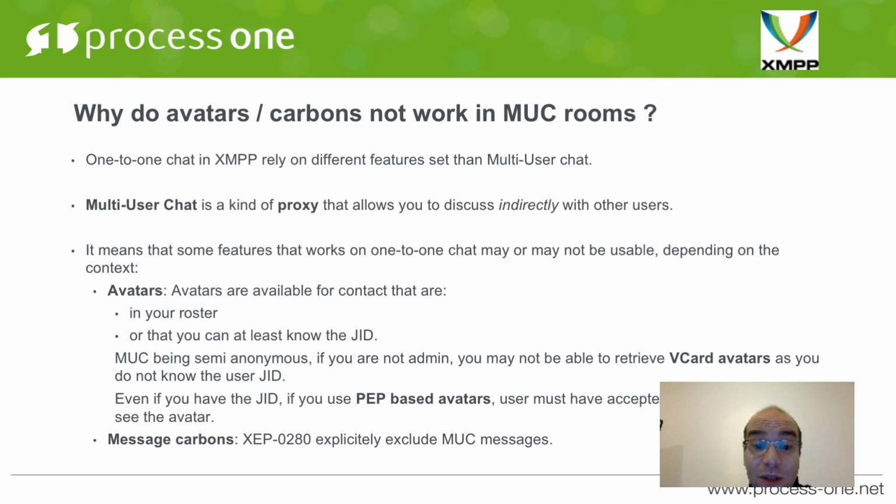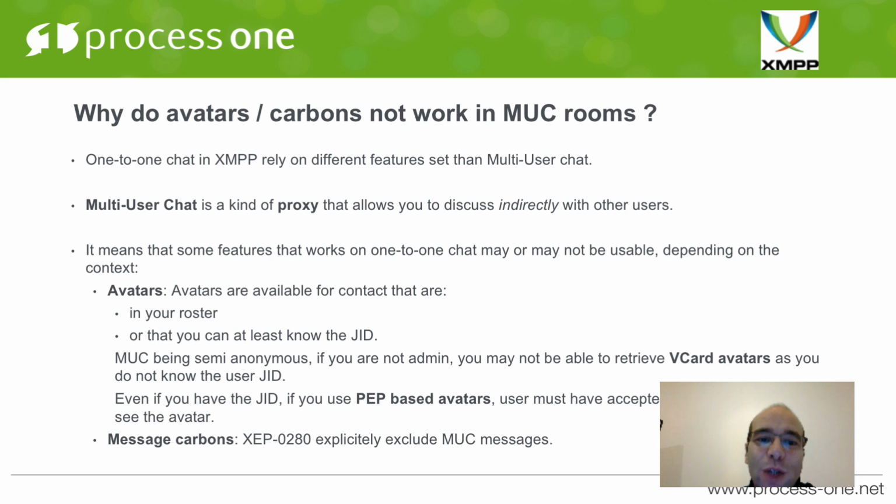And for message carbons, for example, if you read XEP-0280, you will see that it explicitly excludes MUC messages from the scope of the carbon messages. Because with MUC, you are not supposed to join a MUC room several times with the same JID.